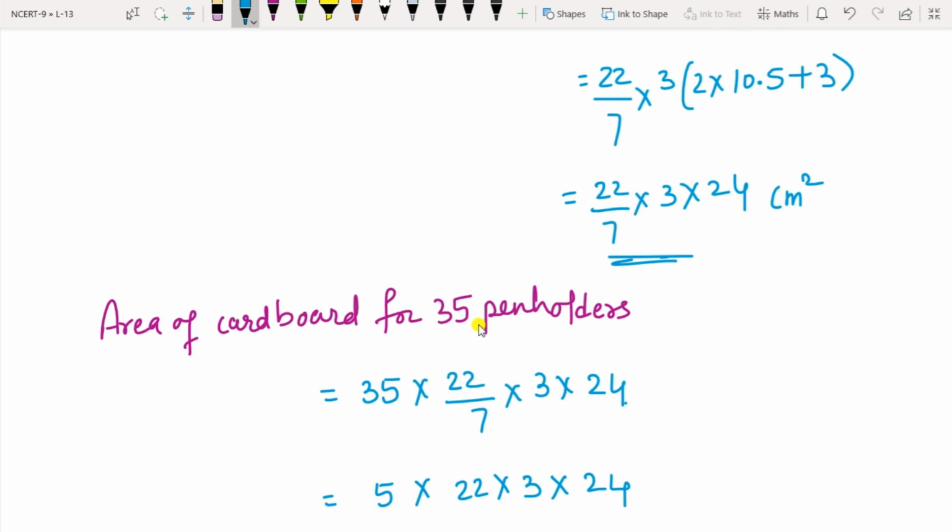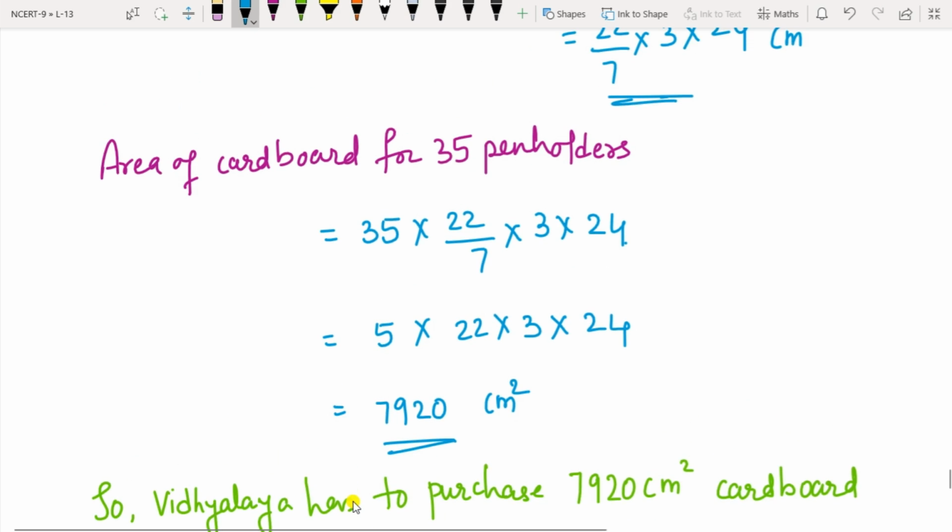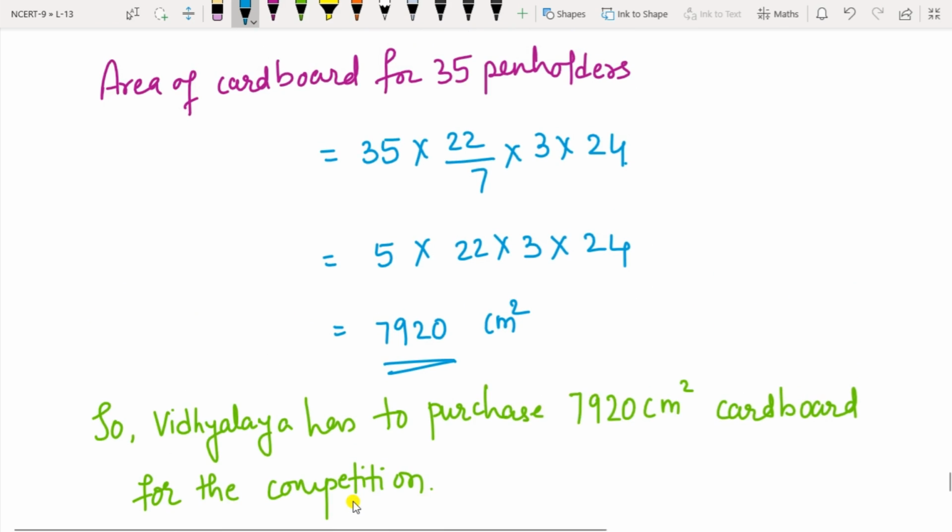So for the area of cardboard for 35 such pen holders, multiply this whole equation by 35 and then do the cancellation. So the answer will be 7920 centimeters square. So the Vidyalaya has to purchase 7920 centimeter square of cardboard for the competition for making 35 pen holders.